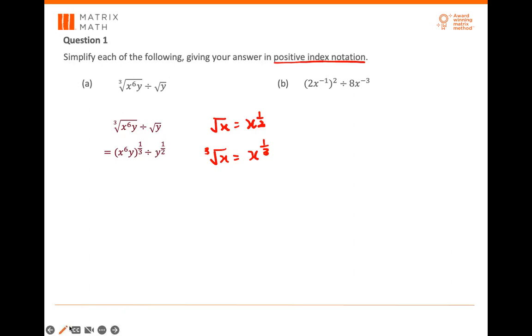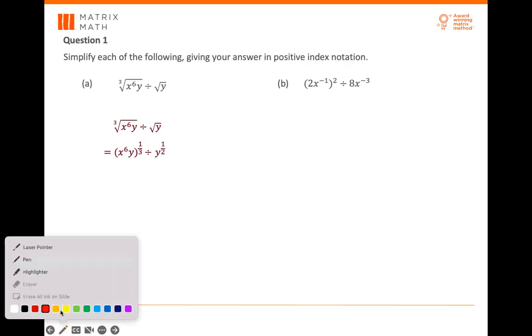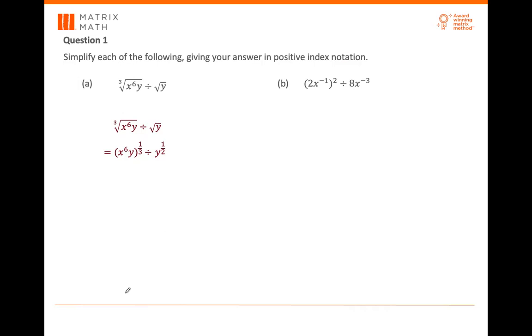Why are we doing this? Once you make it into this format, you can tell that the first step is to expand the power for x to the power of 6 and y. So it's 6 times 1/3, and y to the power of 1/3, divided by y to the power of 1.5.